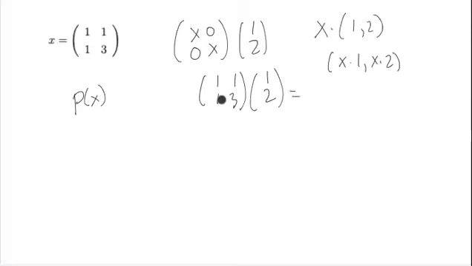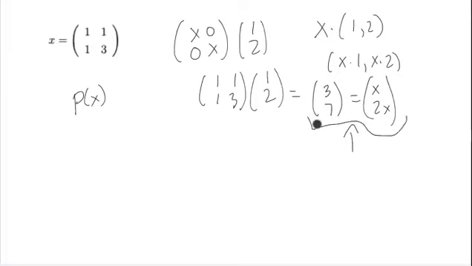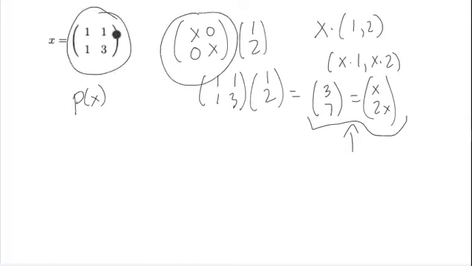So this would simply be 3 and 7. So we want 3, 7 to be the same as x, 2x. All right, so that kind of condition. Well, thinking about a 0 matrix, we know these matrices behave the same. So that means if you subtract them, the subtraction should behave like 0, like the 0 matrix.